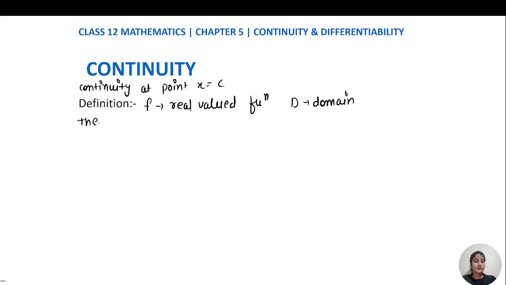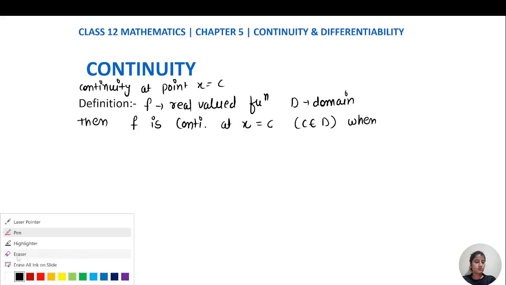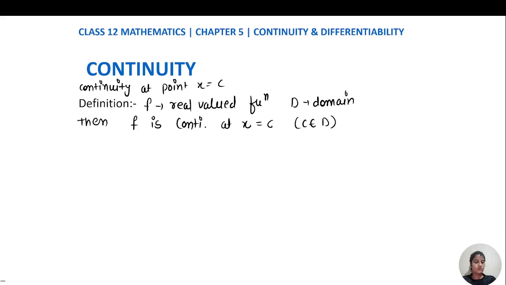Then we say our function f is continuous (I will write it in short form as conti for continuity) at x equals c, where c belongs to our domain, if the limit of the function at c, that is limit x tends to c of f(x), is equal to our function value, that is f(c).